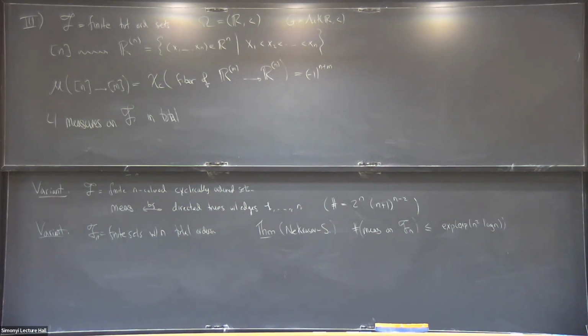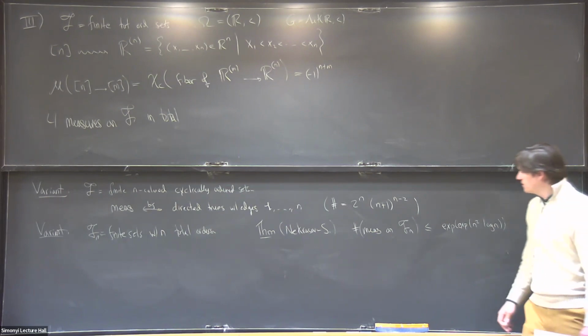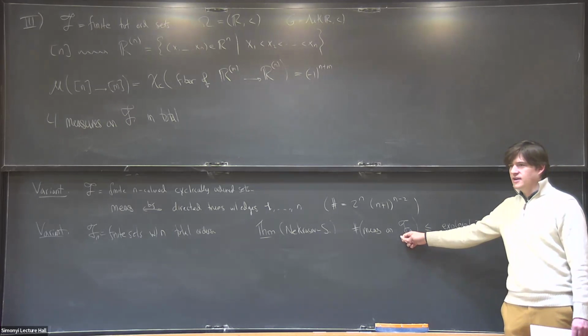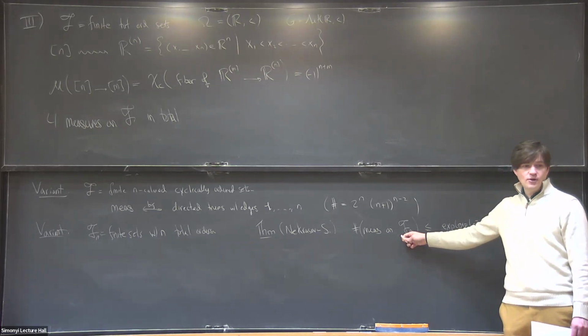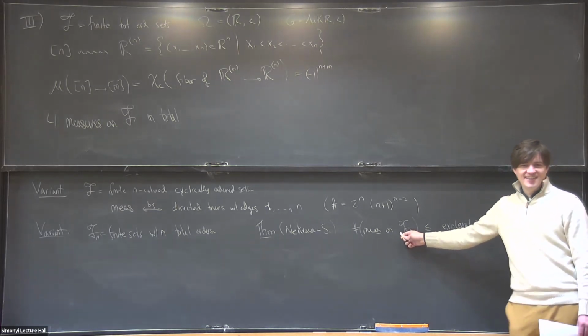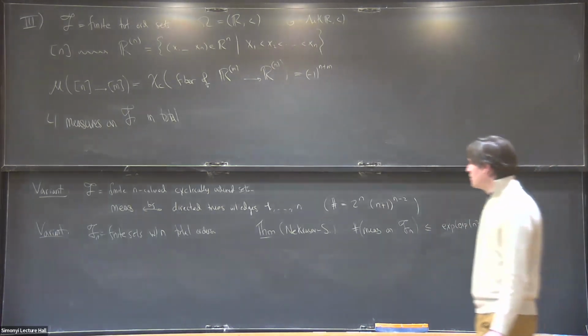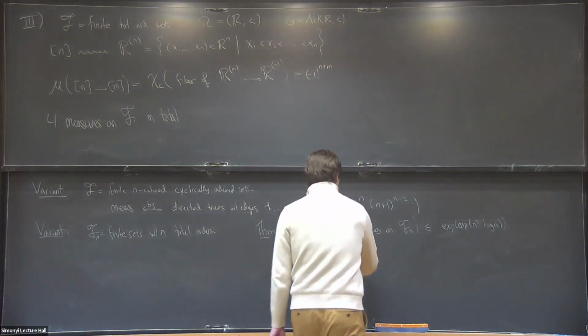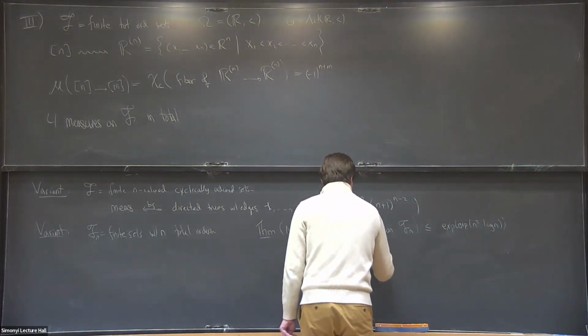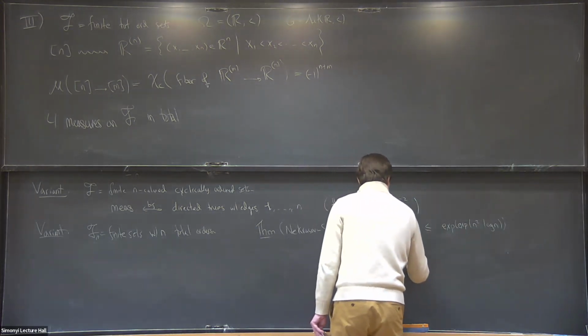I have no idea how close this is to accurate. And I also cannot prove that the number of measures even goes to infinity or is even non-zero. One thing that I do know is that for n equals 2, the number of measures on F_2 is 37.